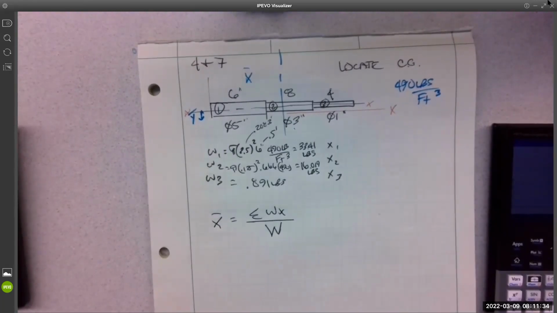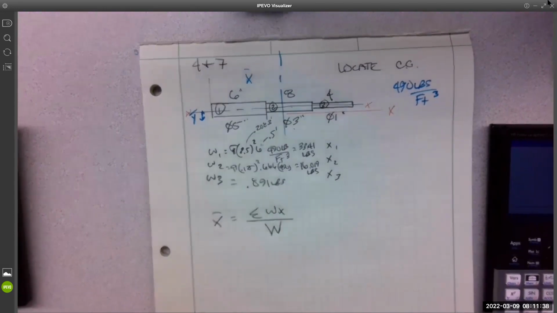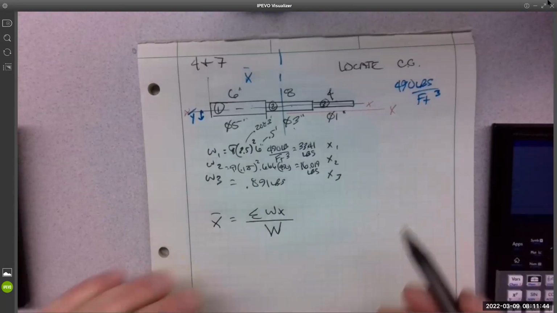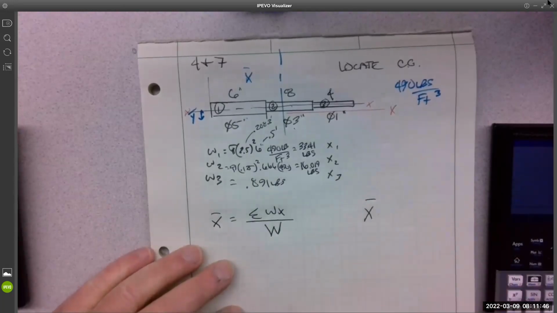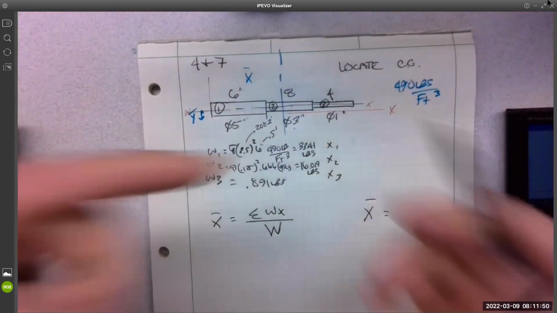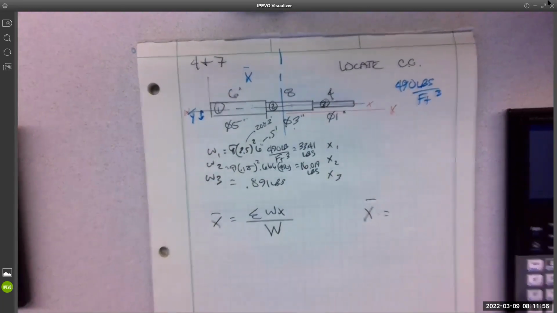If you don't have mass or weight, if these were just areas, believe it or not, it would work with the areas. You could do this out of rectangles. So I'll do that just to demonstrate it. You can get X bar from the areas because it's the same material. It's 490 each time. So essentially just taking the 490 out of the equation.